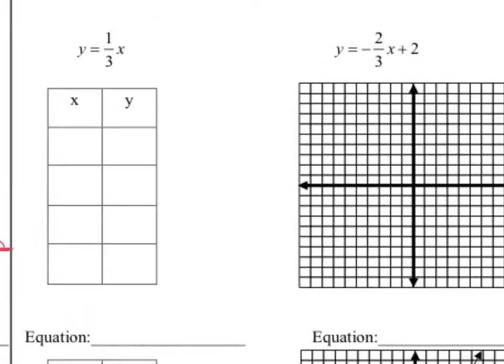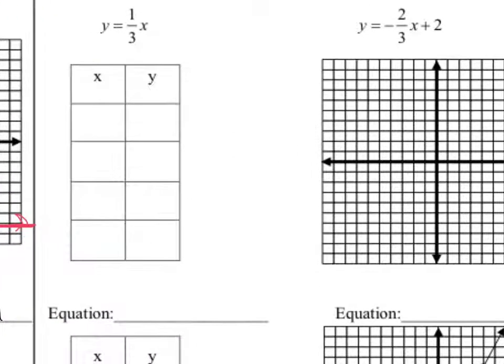All right. Looking over here, this is a little bit different. I'm asking you to quickly create an XY chart given this value. So the first thing I would do is identify my first starting point, which is always going to be my y-intercept. Now it doesn't look like I have a y-intercept here. So what do I need to put onto this equation to make sure that it has a y-intercept?